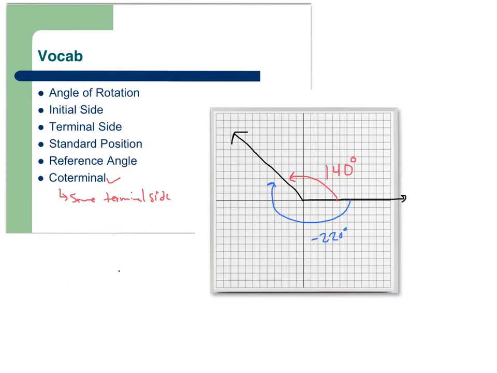Now I'm going to graph another coterminal angle. It's a circle, so I can go around as many times as I want. Here we go, I went around once. That's 360 degrees. I'm going to change the thickness of the pen so you can see it a bit more.